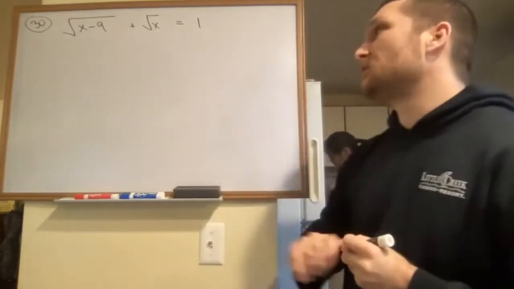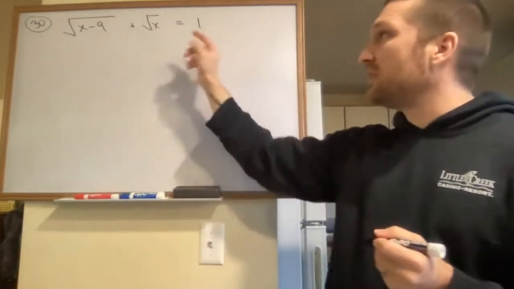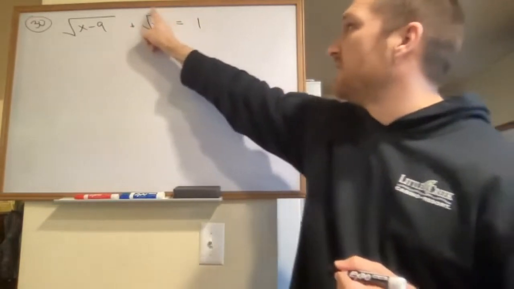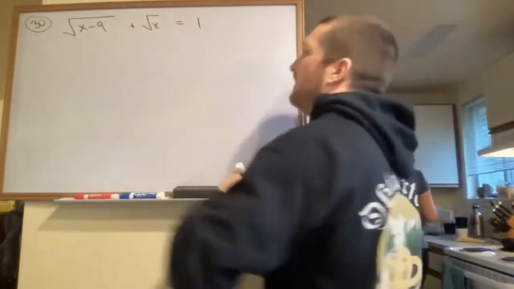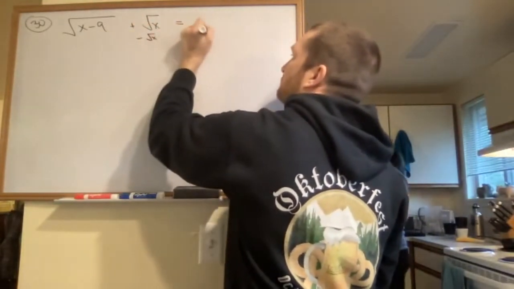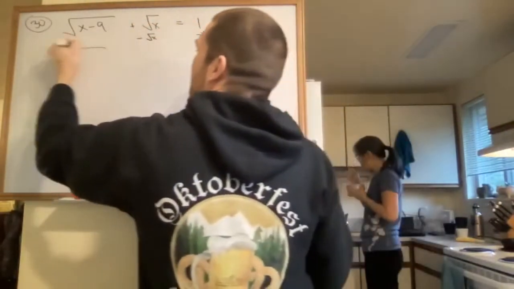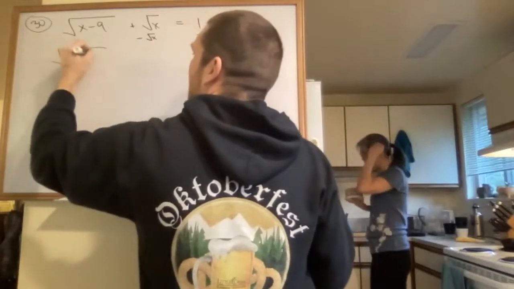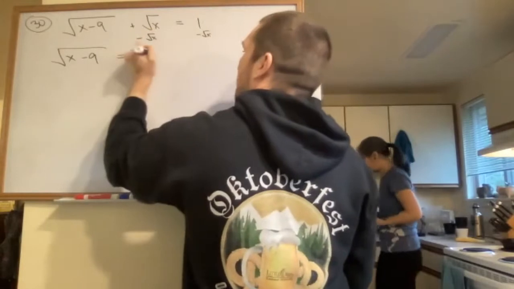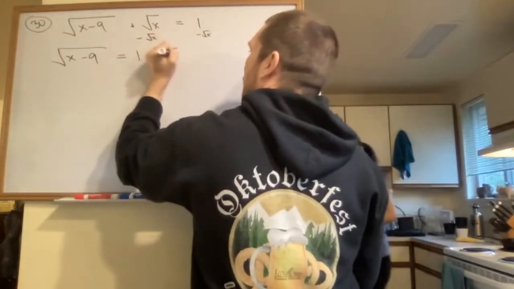So what I'm going to do is choose one of them to take over here. How about that one? Let's get it over to the left-hand side by subtracting the square root of x from both sides. That leaves me root x minus 9 on the left-hand side. And on the right, we have 1 minus root x.